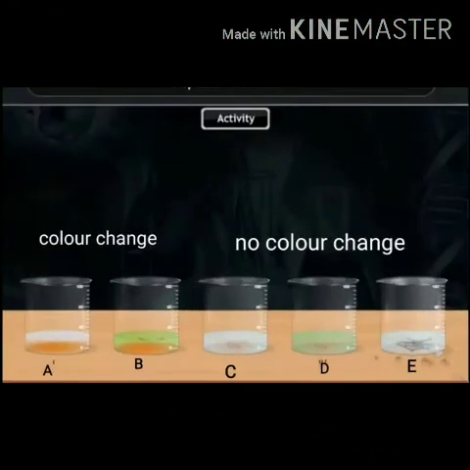Then observe. Students, I already told you that a highly reactive metal will be able to displace a less reactive metal from its salt solution, and so you will find color change in beakers A and B. Recall the reactivity series.